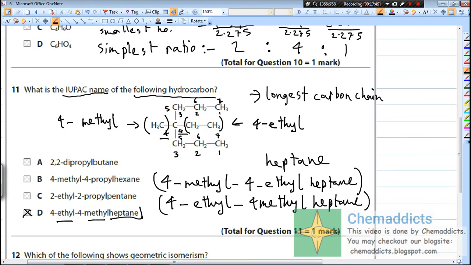Other answers include butane, hexane, pentane, but heptane is present only in this answer.